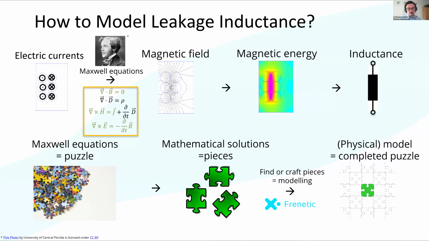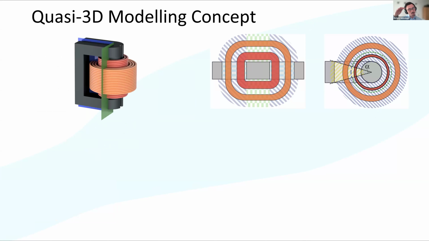Okay, to get a little bit more specific, and one perspective further to the downside level, what does this mean now? Okay, so in my PhD, I mostly use the Quasi 3D modeling concept.